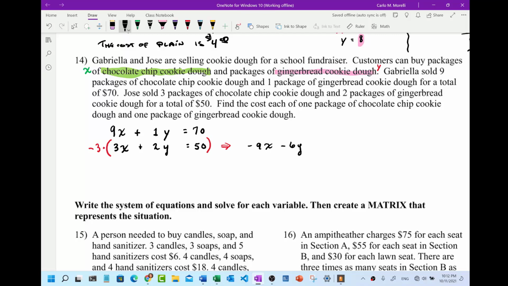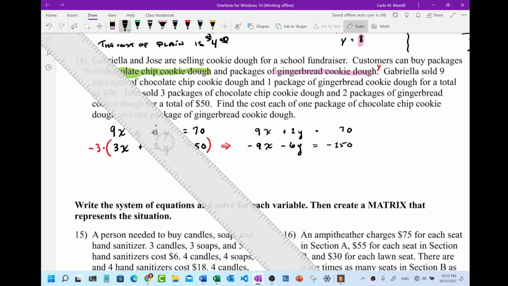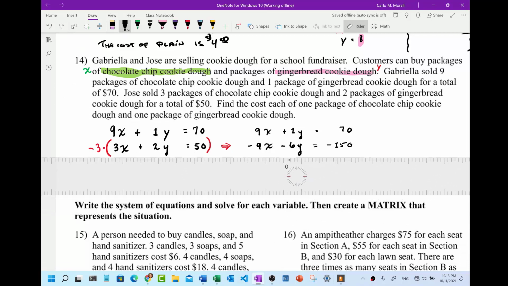And remember, we call this a scalar. And then that would be negative 150. Now above it, we just write the original: 9x plus 1y equals 70. And now we're ready to stack add.